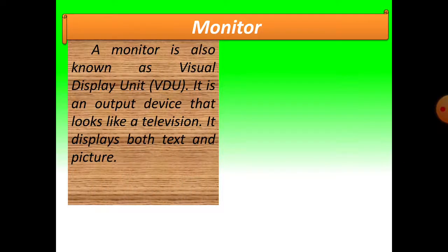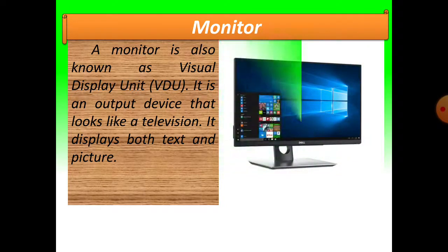Monitor. A monitor is also known as Visual Display Unit or VDU. It is an output device that looks like a television. It displays both text and picture. And this is the picture of monitor.